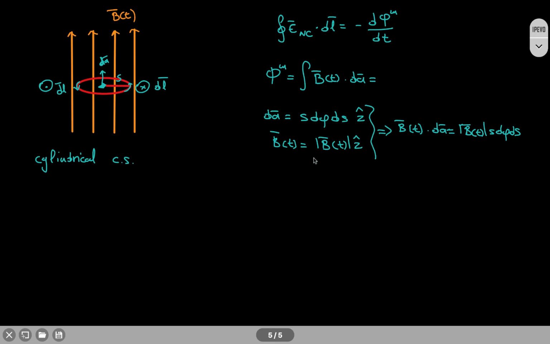I could have also, instead of using the strength, just used the z component of the magnetic field, since it points in the z direction. So I could have also written Bz as a function of time. And then this will allow me to do the surface integral.